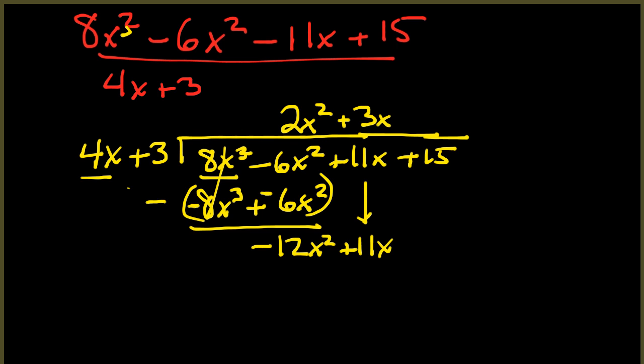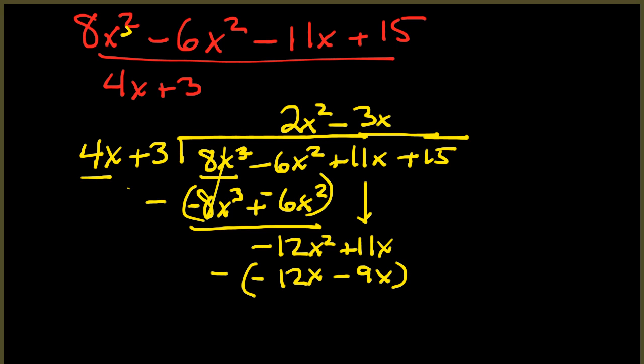Actually, it's going to have to be a negative 3x. And now what I'm left with is, that's my cat pounding at the door. What I'm left with is negative 12x and negative 9x.